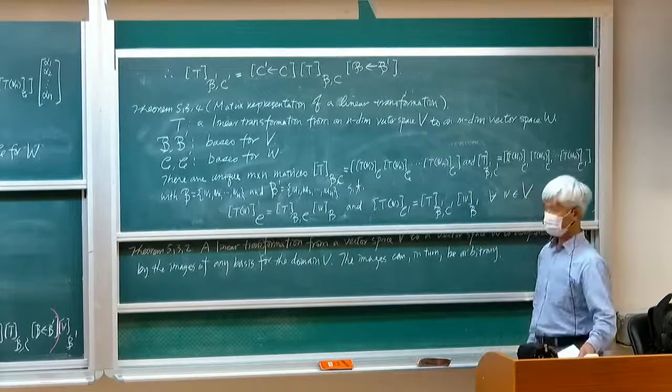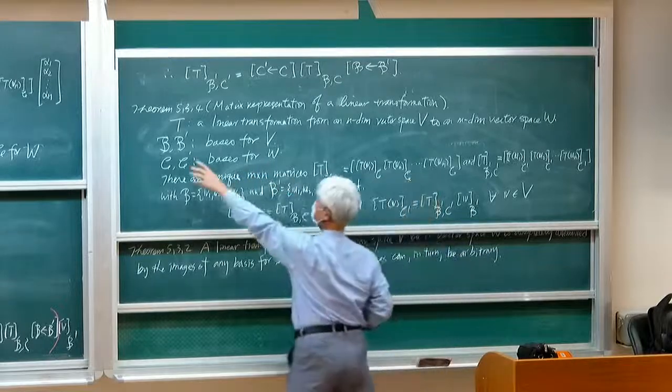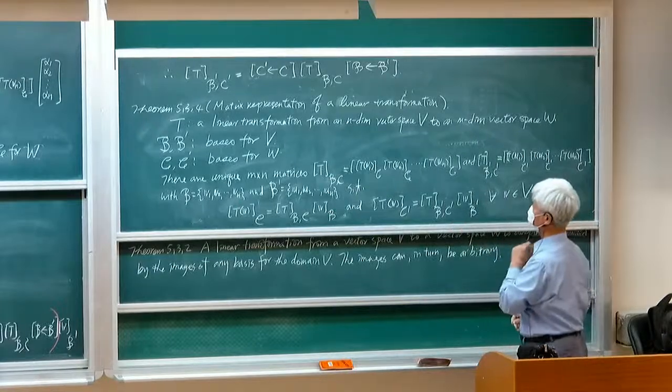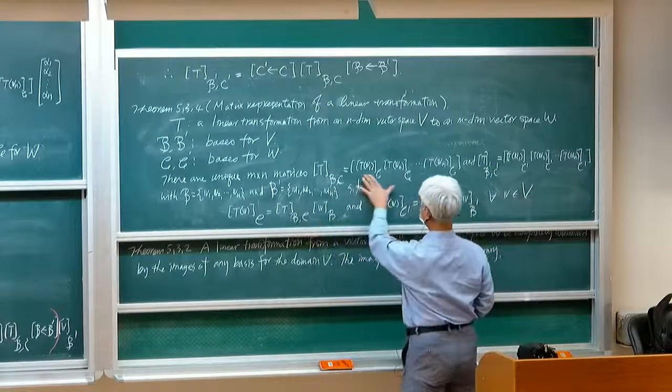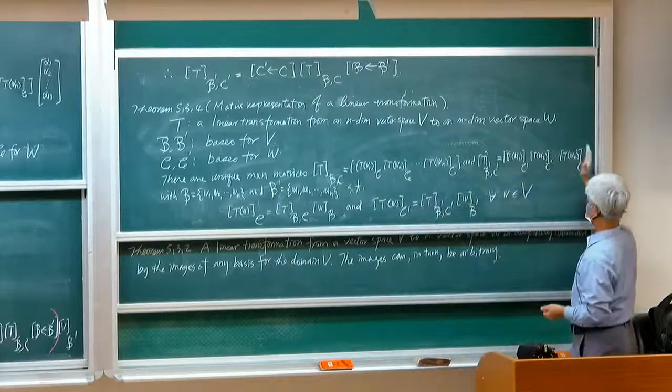So first of all, we have matrix representations for each pair of bases. Okay, so we have this one, and the matrix representations can be obtained column by column.